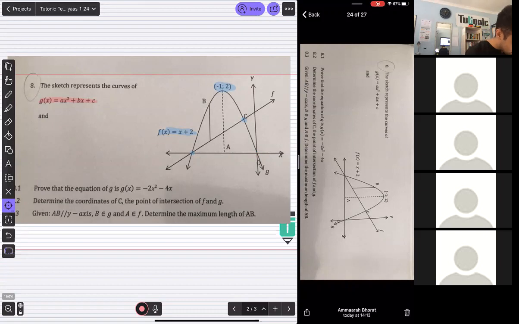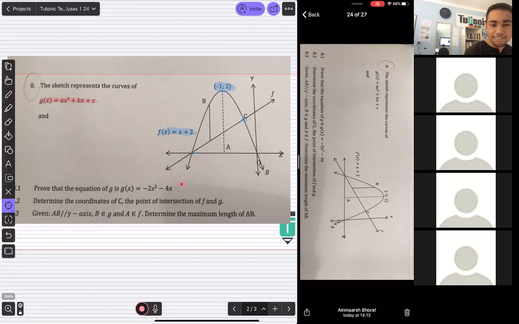So what does that mean for C? What does C represent in this equation? Where it cuts the y-axis. Where does it cut the y-axis? At 0. So do you understand why there's no constant here?